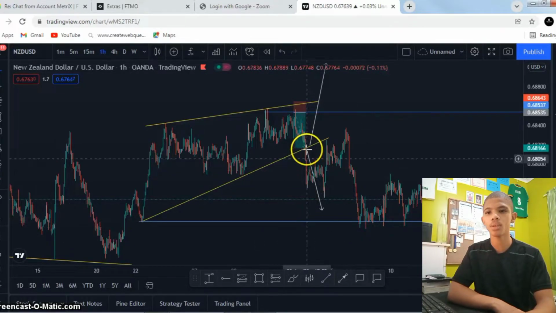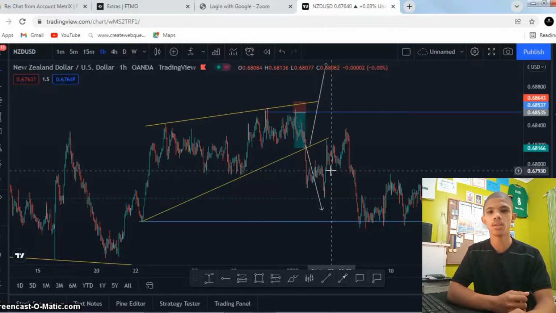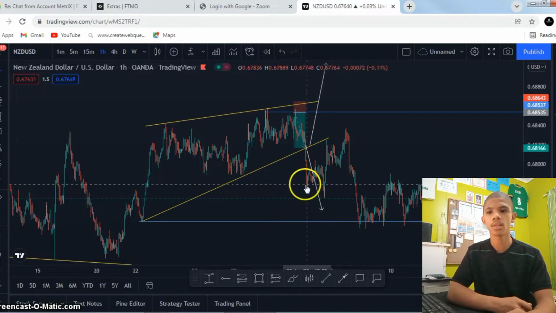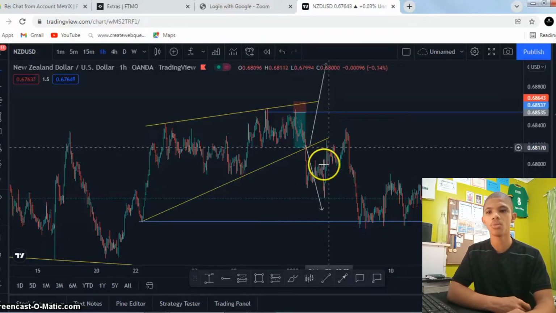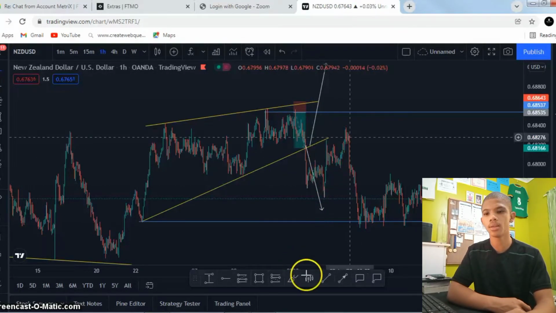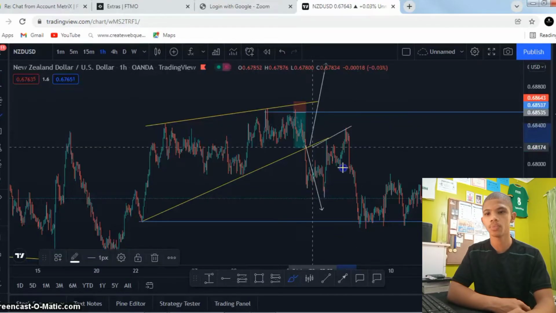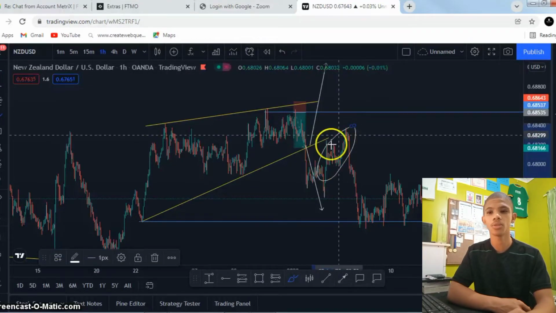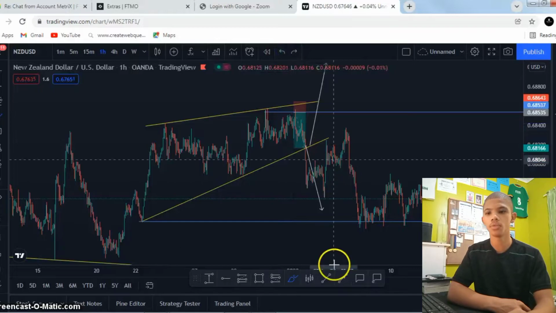Once it broke over there, the next thing we look at is continuation patterns. Here's a continuation pattern going down. Depending on how you managed it, you would have been taken out anyways. Then looking at this whole piece of structure, it's not perfect, but it's basically a continuation phase.